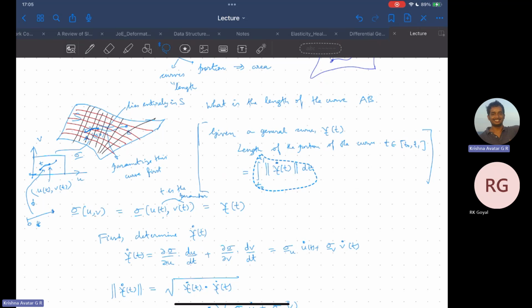Since curves are essentially 1D objects, although they are embedded in 3D space, the integration has to be done along that particular parameter. So since t is the parameter, we integrate along t.